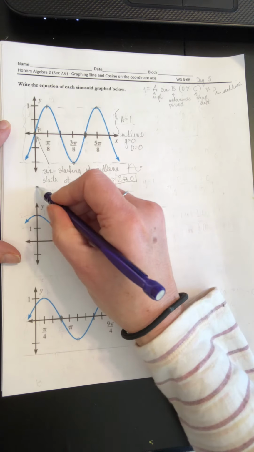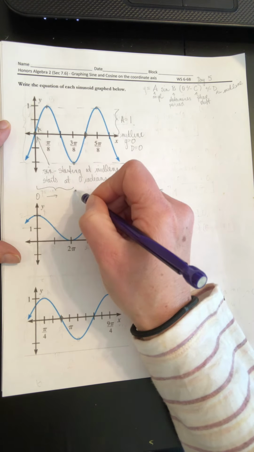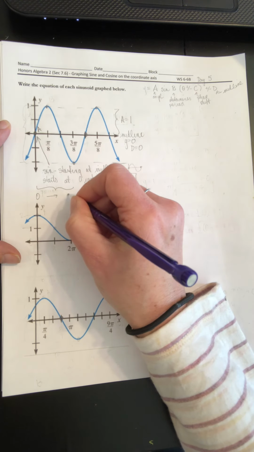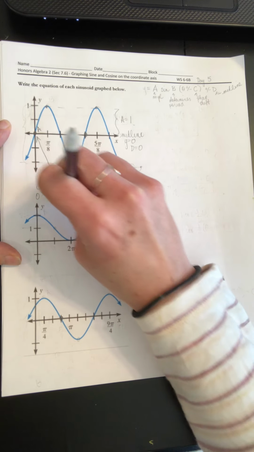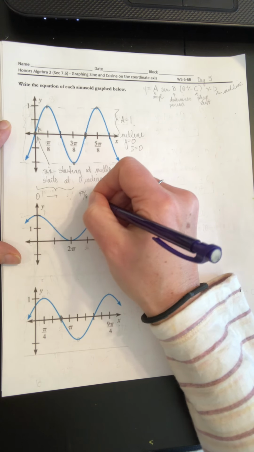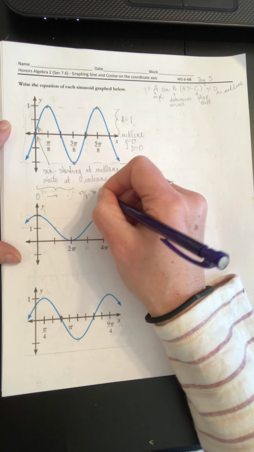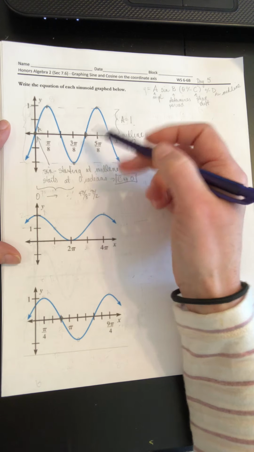This full sine curve starts at 0 and ends at 4 pi over 8, which, if I reduce it, is pi over 2. They just didn't label this.